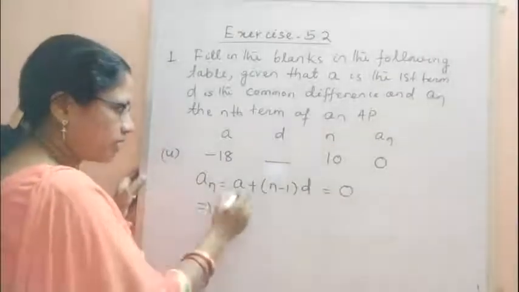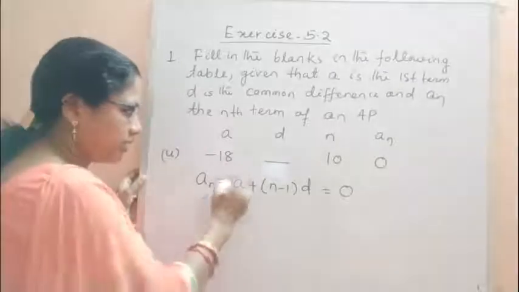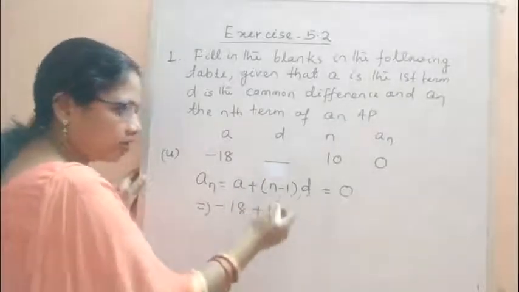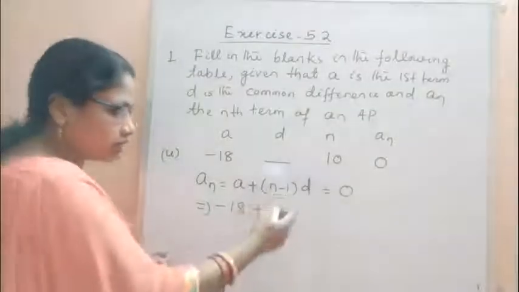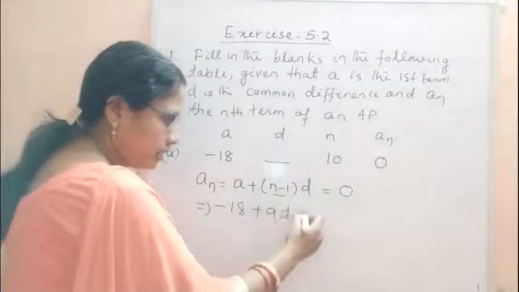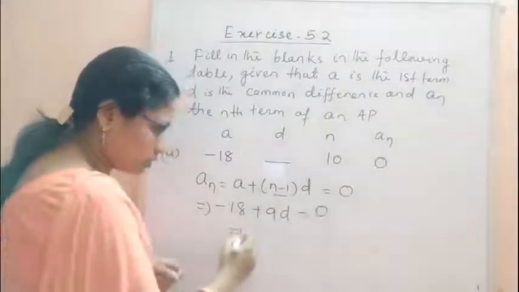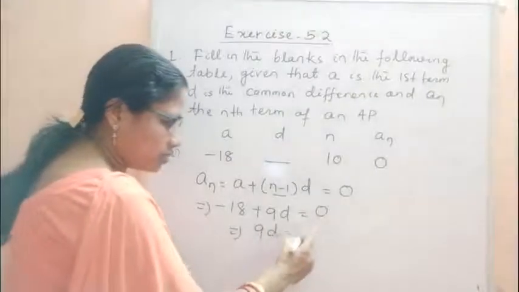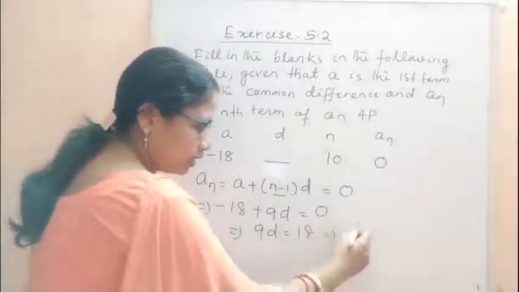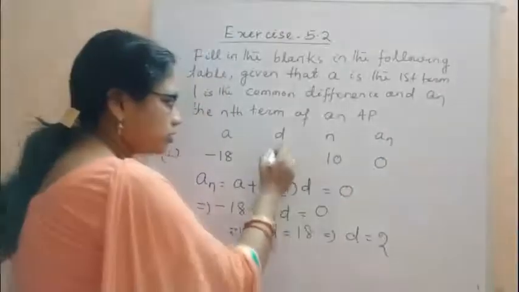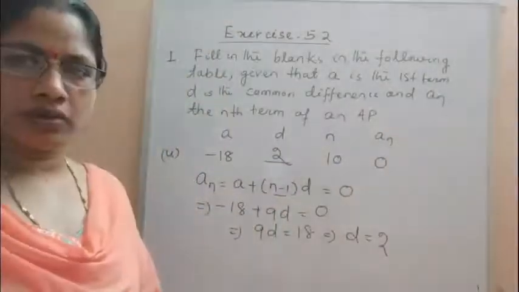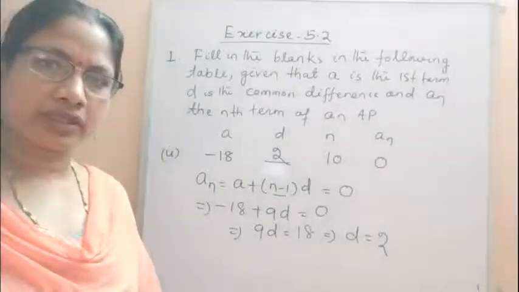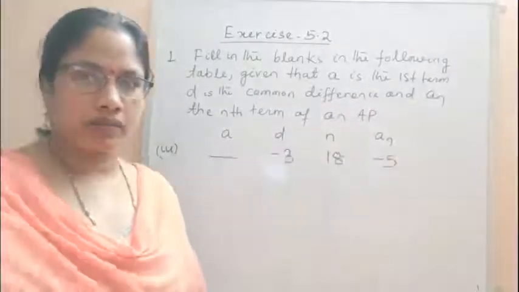So minus 18 plus n minus 1, n is 10, so n minus 1 is 9. So 9d is equal to 18, or d is equal to 2. So here d is equal to 2. In this way we have to apply the nth term of an AP formula.